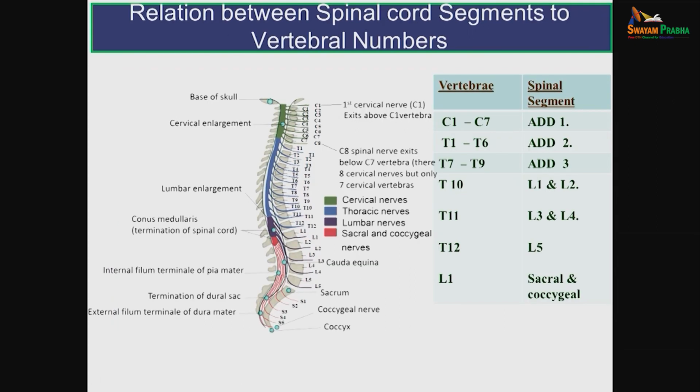Having understood this, there is a relation between the spinal cord segment and the vertebral numbers. As I already mentioned, there is a rostral shift of the cord, that is, the cord is ending at the level of L1. So, if you take a particular vertebra, which is represented usually by the vertebral spine, the underlying spinal segment will be caudal to the corresponding vertebra.